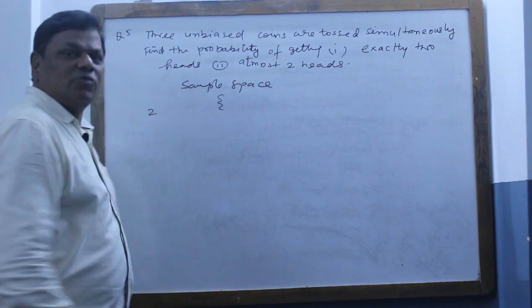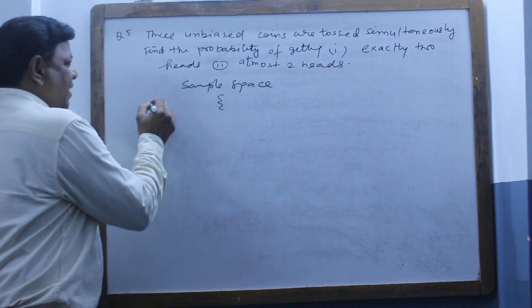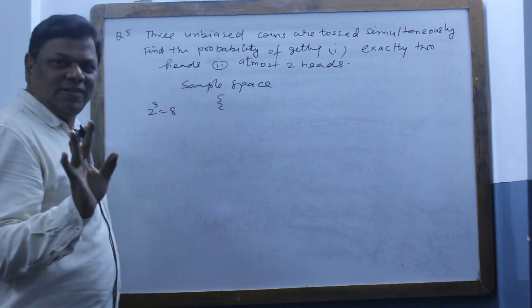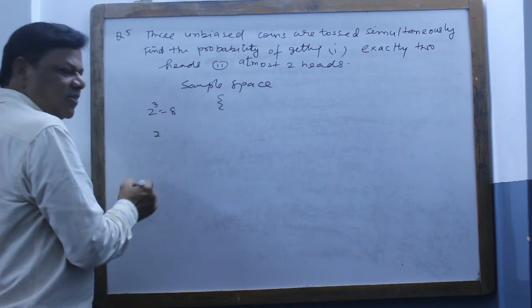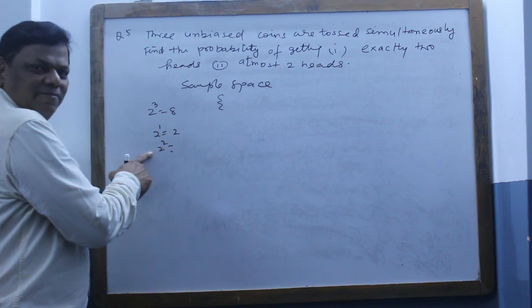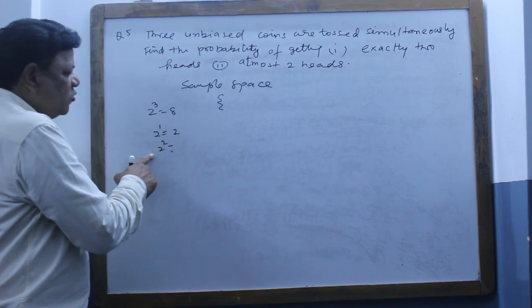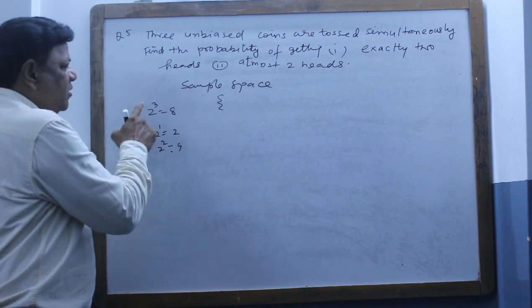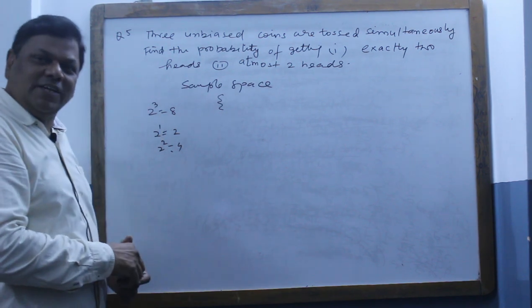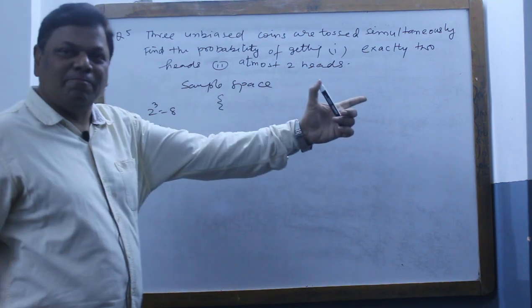So when three coins are tossed, the formula is 2 power 3, so 8 cases will come. One toss is 2 power 1, so 2 is coming. 2 coins are tossed, 2 power 2, 4 cases. 3 coins are tossed, then 8 cases will come.